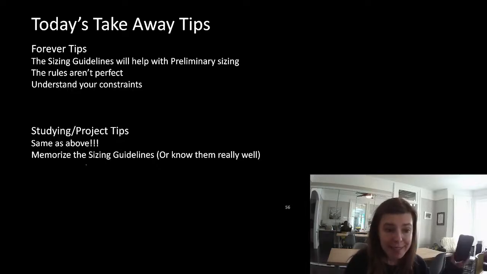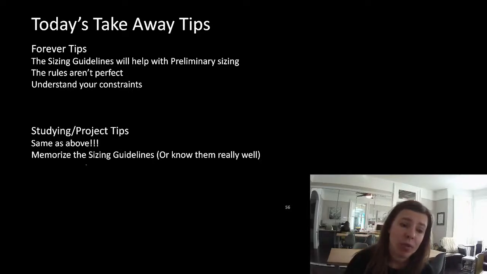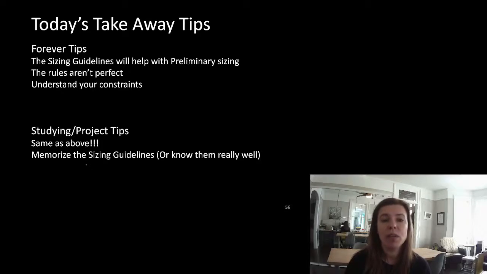I have mine downloaded on my phone and tagged and saved to reference all the time. If you remember in the very first lecture, I said sizing guidelines are going to be your secret weapon. Most engineers forget their sizing guidelines, and they try to do all of this work when on a preliminary set of drawings, they could probably just use the sizing guidelines. In early communication and feedback with architects, the sizing guidelines are a phenomenal thing to have memorized.